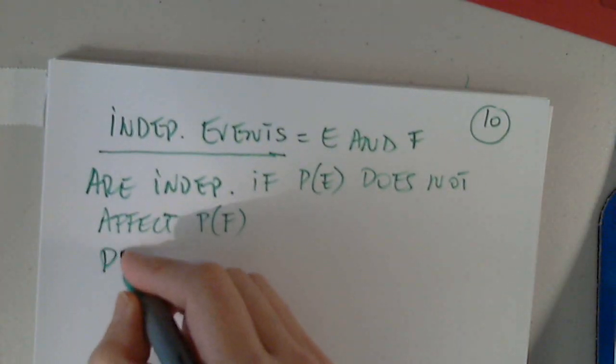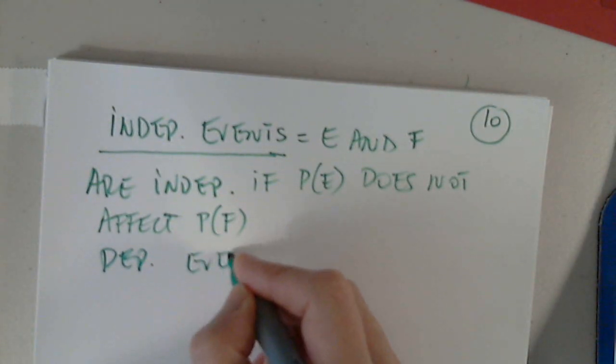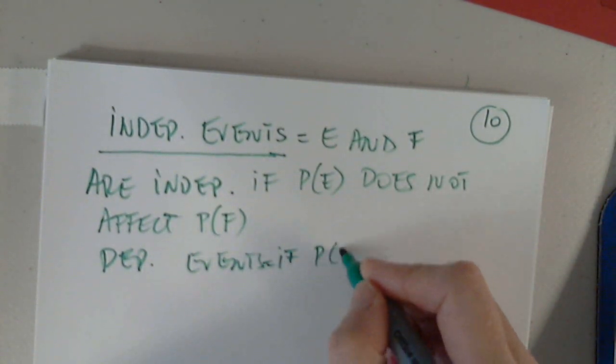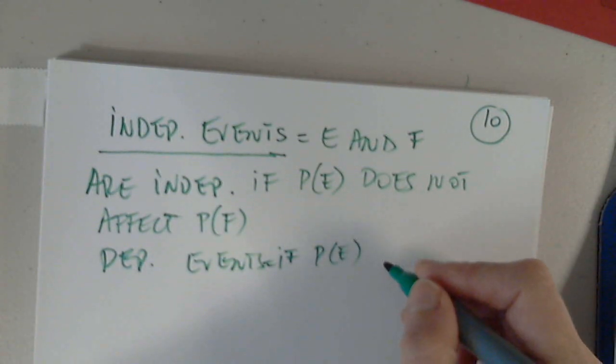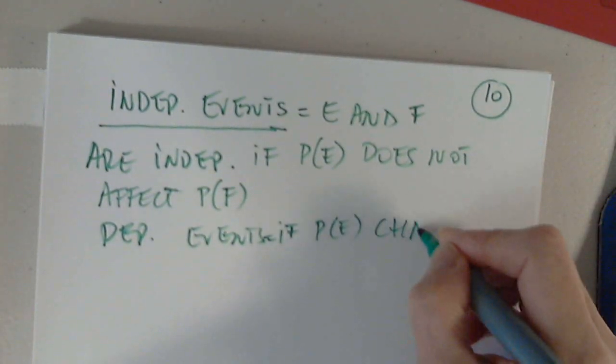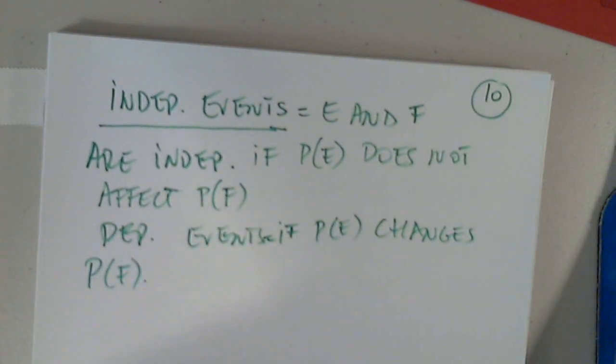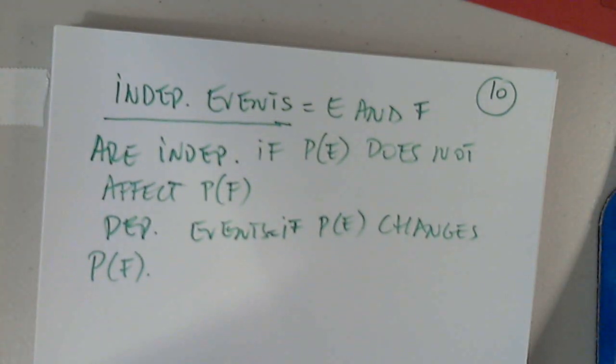And they are dependent if P of E changes P of F, affects P of F. So they are not independent.